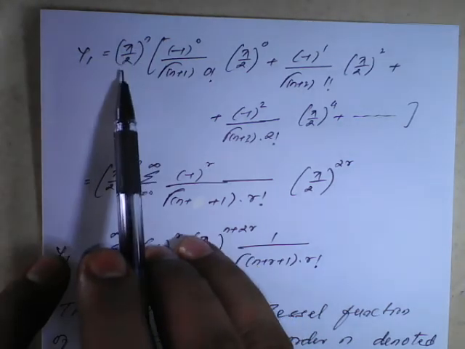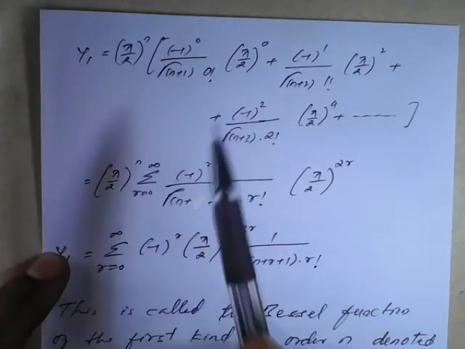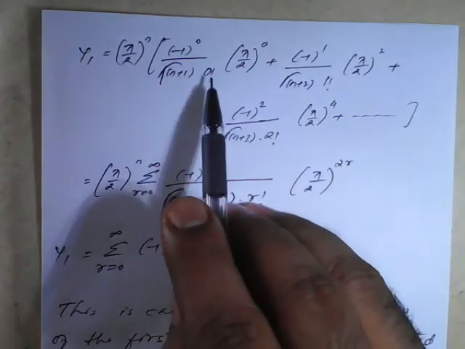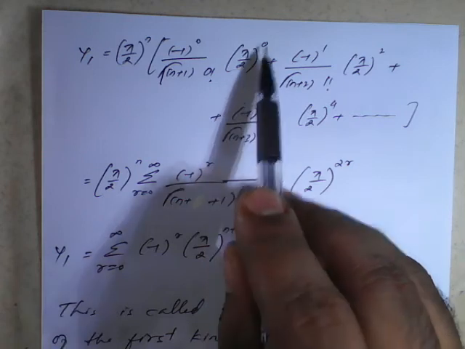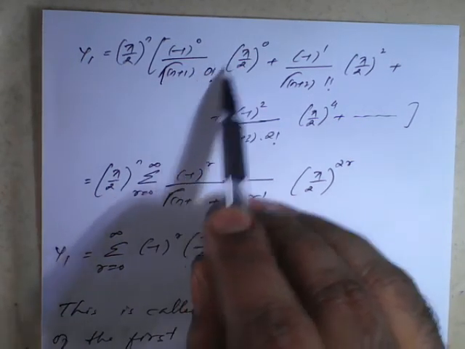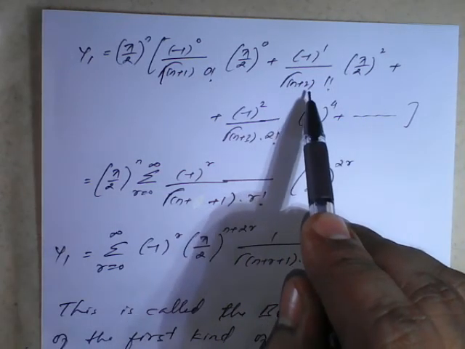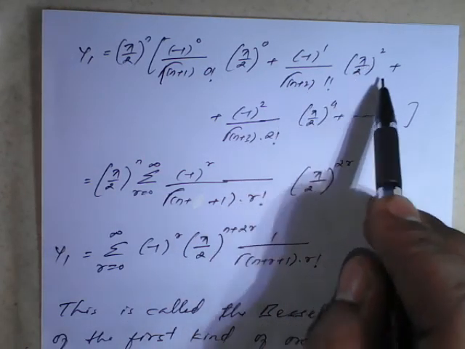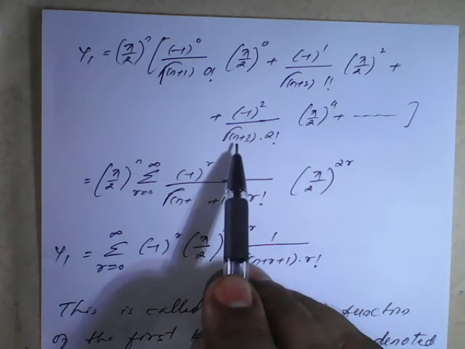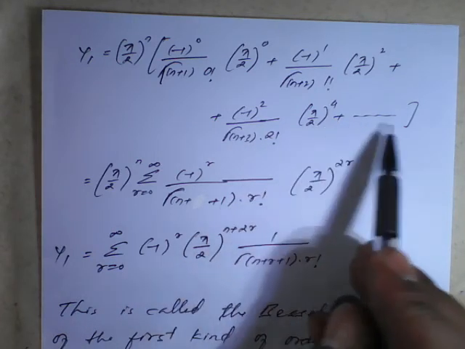y1 is equal to (x/2)^n [(-1)^0 upon gamma of n+1 into 0 factorial, (x/2)^0, minus 1 raised to 1 upon gamma of n+2 into 1 factorial (x/2)^2, plus (-1)^2 upon gamma of n+3 into 2 factorial into (x/2)^4, plus so on].